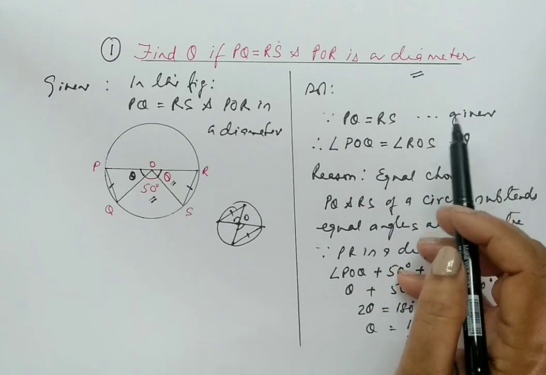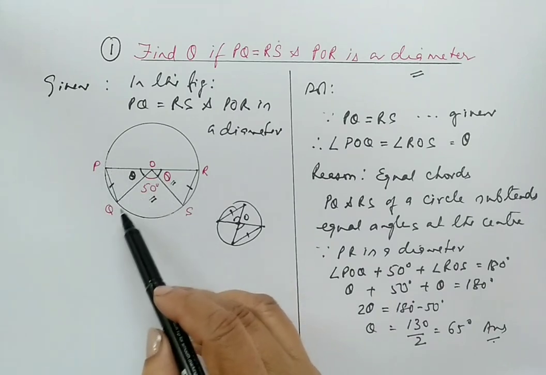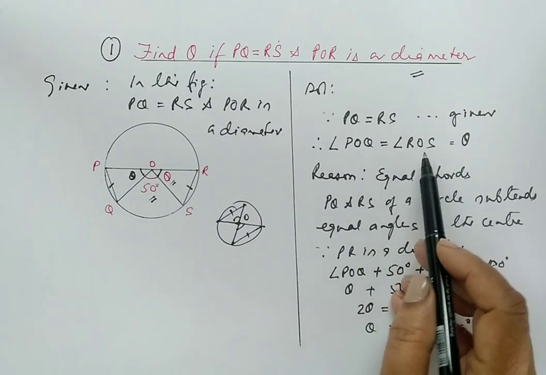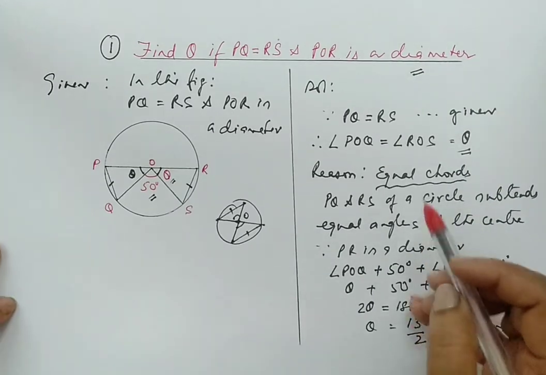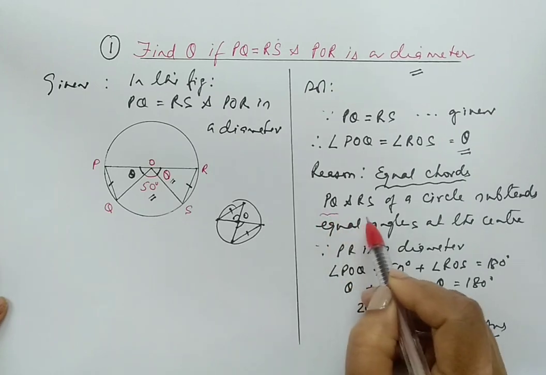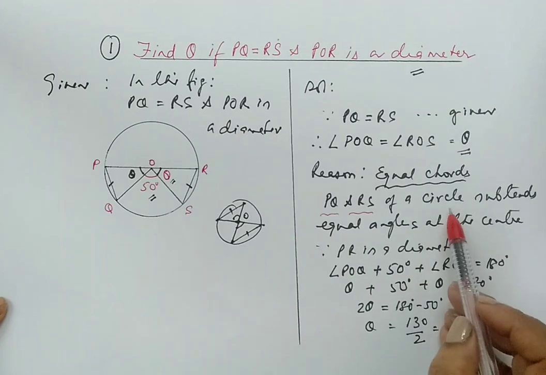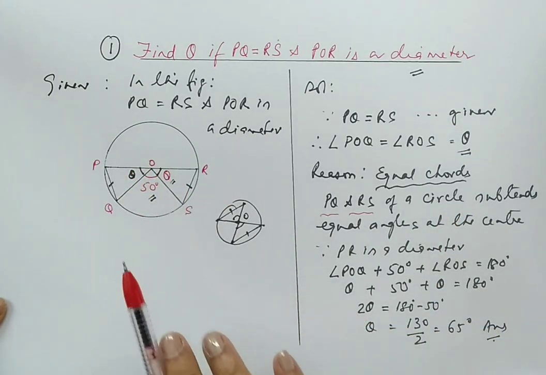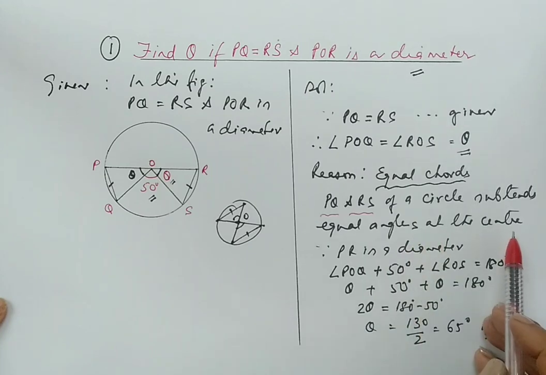According to this, we know now that angle POQ will then be equal to angle ROS, because we know that equal chords PQ and RS of a circle, I am talking about the same circle, they subtend equal angle at the center.